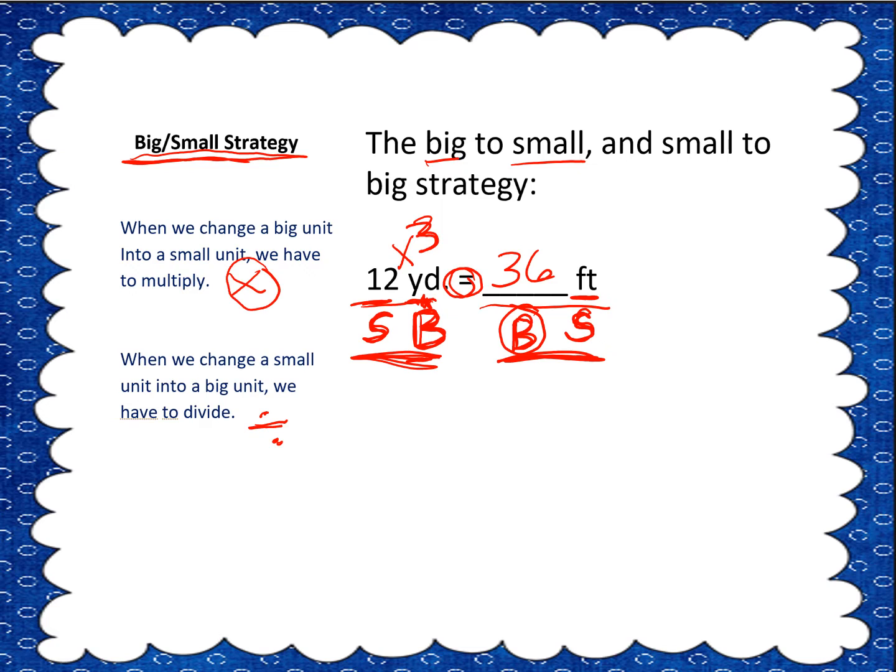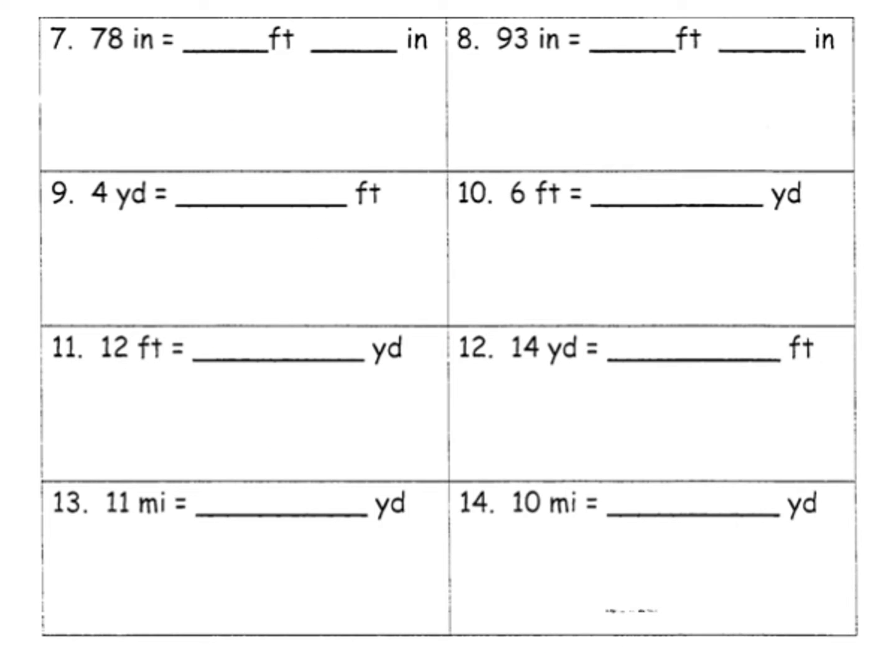All right, so let's practice that. So we're going to do 9, 10, 11, 12, 13, and 14 first before we do 7 and 8. We want to practice that strategy. So let's start with number 9. 4 yards is equal to how many feet? Let's start with my unit. My unit for yards is big, so feet are small.